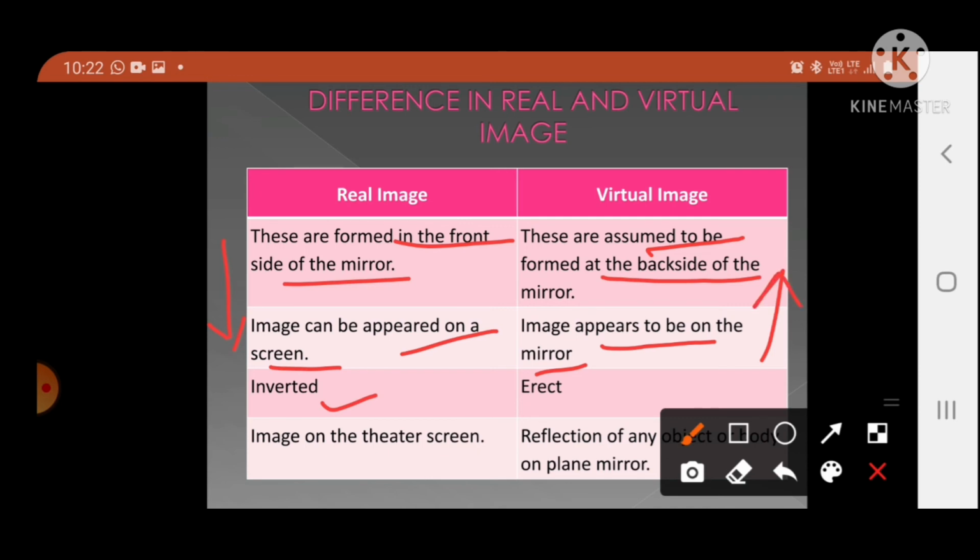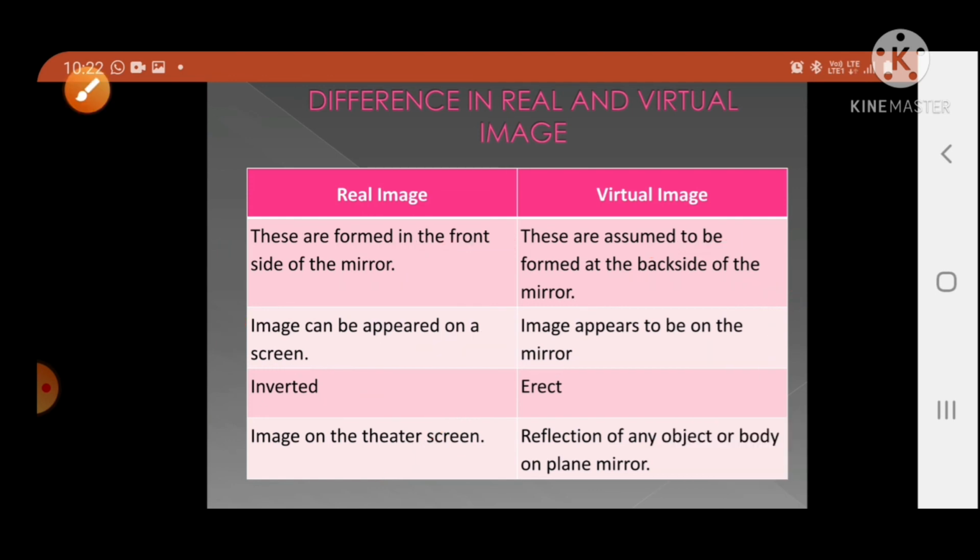An example is the images on a theater screen, which are real images. The reflection of any object or body in a plane mirror is an example of a virtual image.